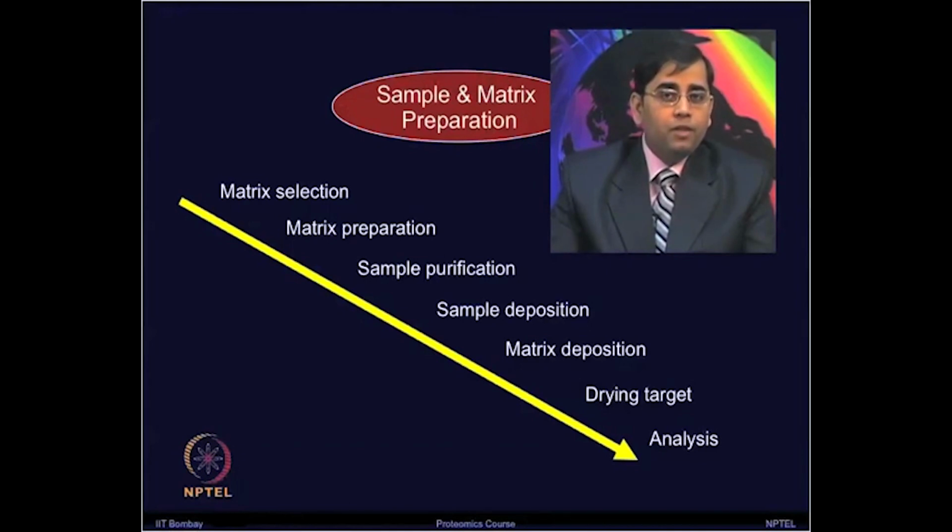Either you can mix it with the matrix or you can do these two separately. There are various combinations one can try, and once both sample and matrix are deposited on the MALDI target plate, you are ready to do the drying, and then the plate can be used in the MALDI TOF instrument for further analysis.